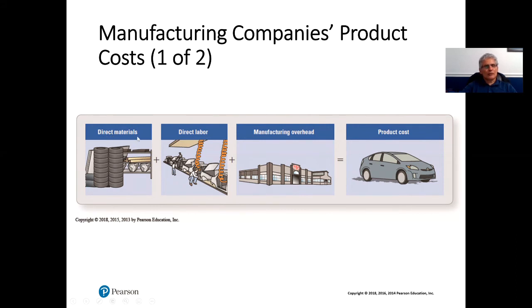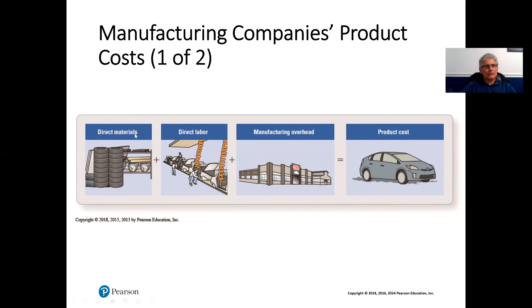When you hear the term direct materials and raw materials, they can often be used interchangeably. Raw materials just means the materials you're going to be using to manufacture a product. Direct materials is a little bit more specific because it gives you the materials that are going to trace directly to the product.